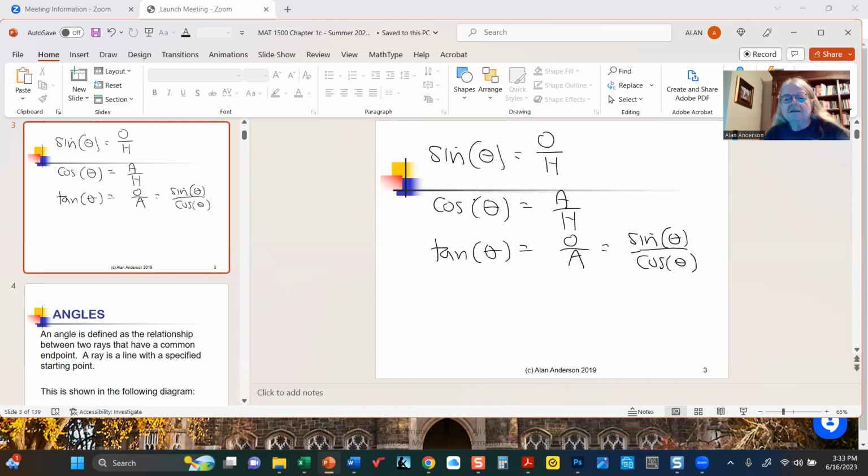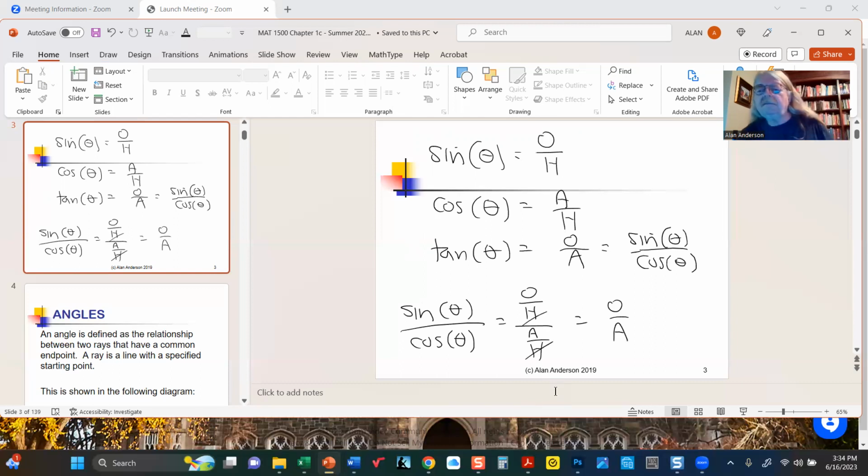You can see, because if the sine is defined as O over H, the cosine is A over H. These H's cancel out and you're left with O over A. Now the next three are essentially inverses of the first three. In other words, there's six altogether.